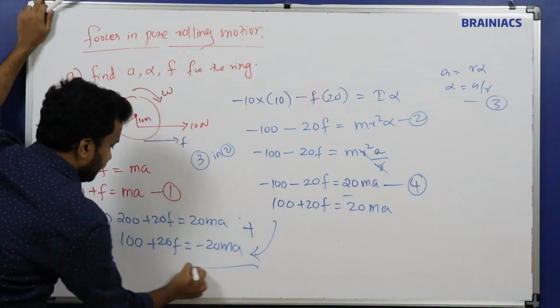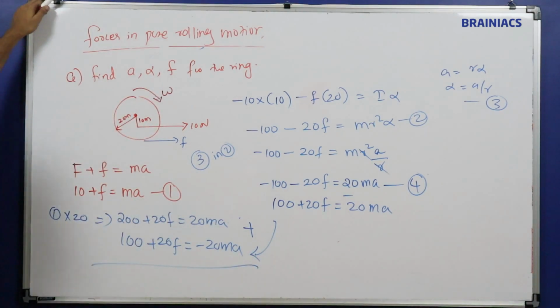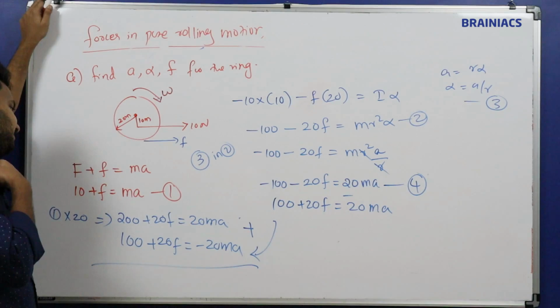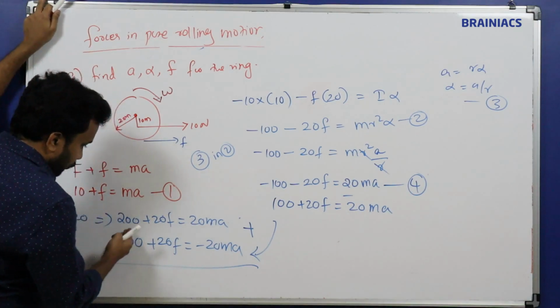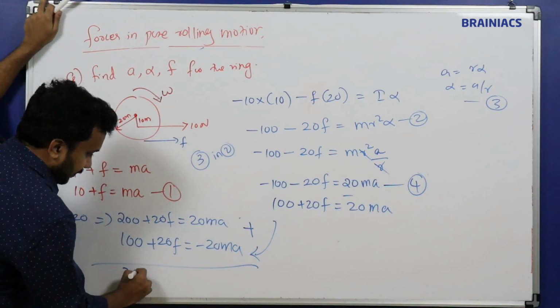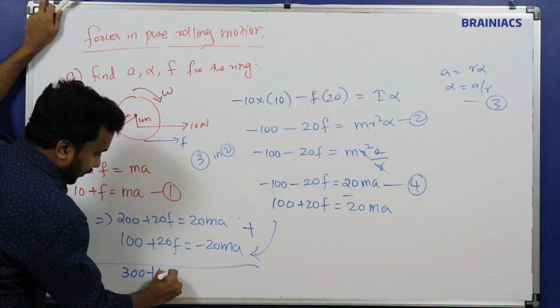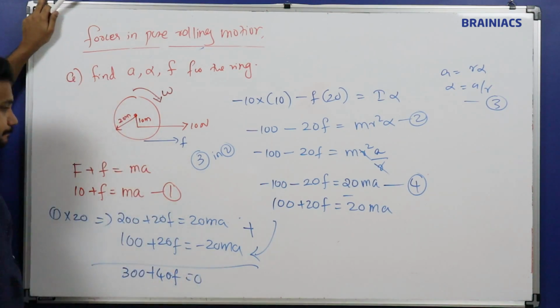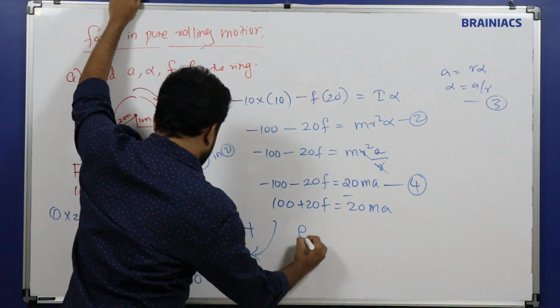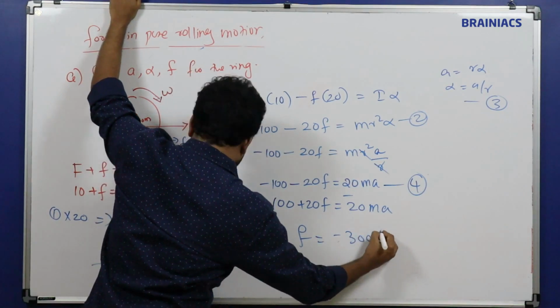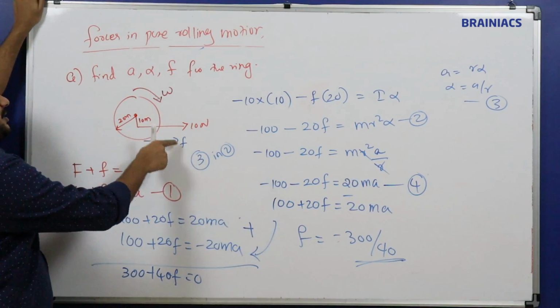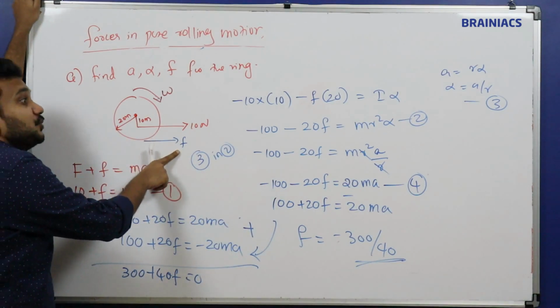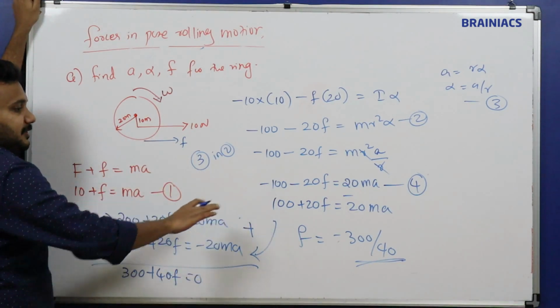If I add these two, 200 plus 100 is 300, plus 40F is equal to 0. So the frictional force will be equal to minus 300 by 40. The minus indicates the direction is against the direction you have assumed. That's the meaning of the minus in the value.